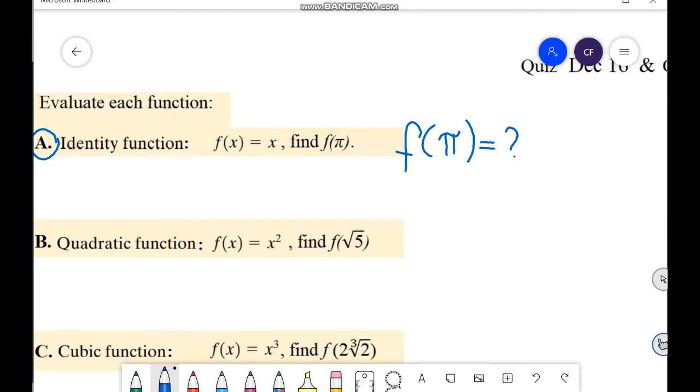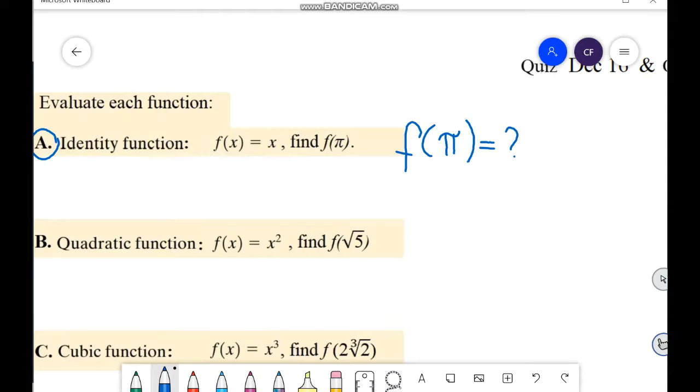Remember, in an identity function, if x equals 10, y equals 10. If x equals 1000, y equals 1000. If x equals -1, y equals -1. If x equals a, y equals a.